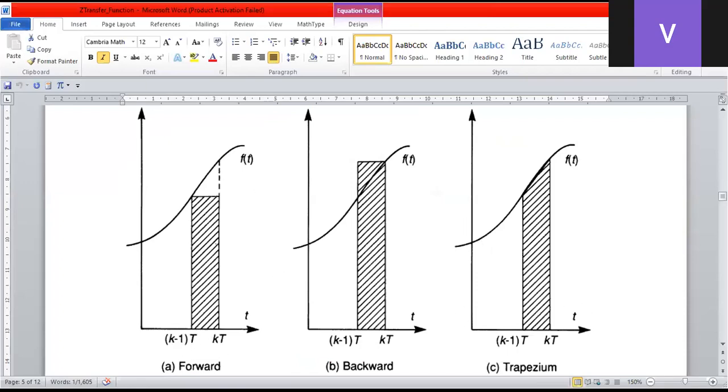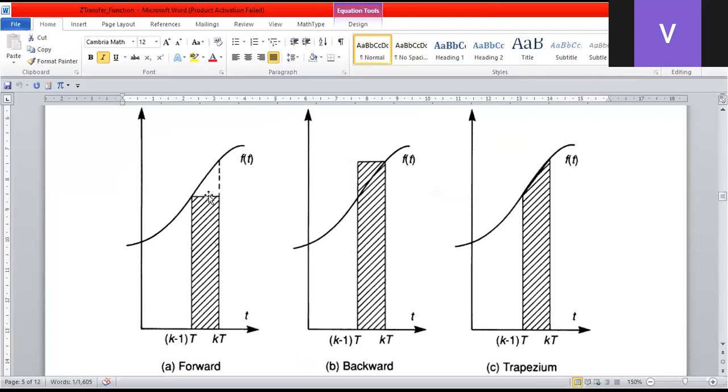For the forward rectangular rule, the integration is given by the area under this curve. You are starting from (k-1)T, but you are not going to end at kT; the ending point is also going to be (k-1)T.